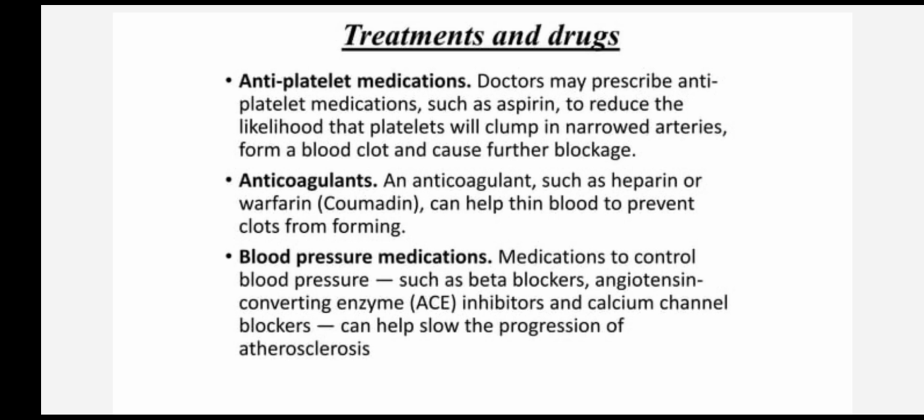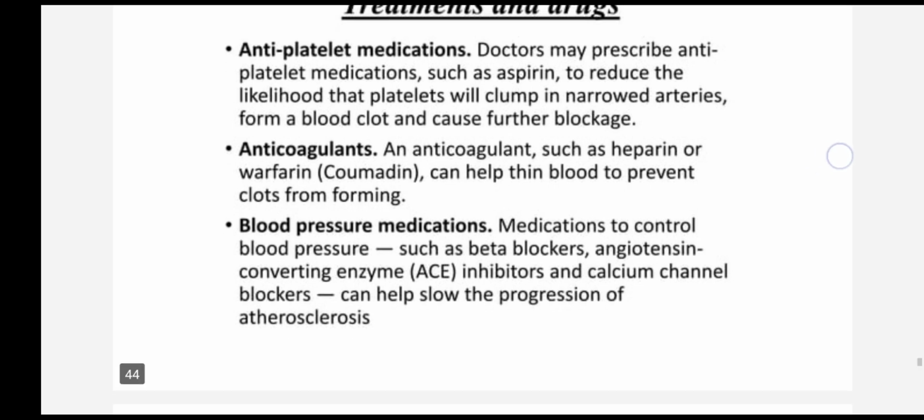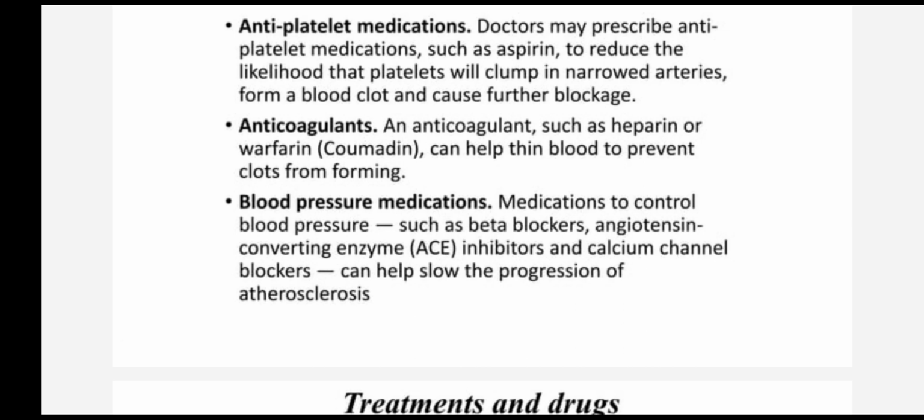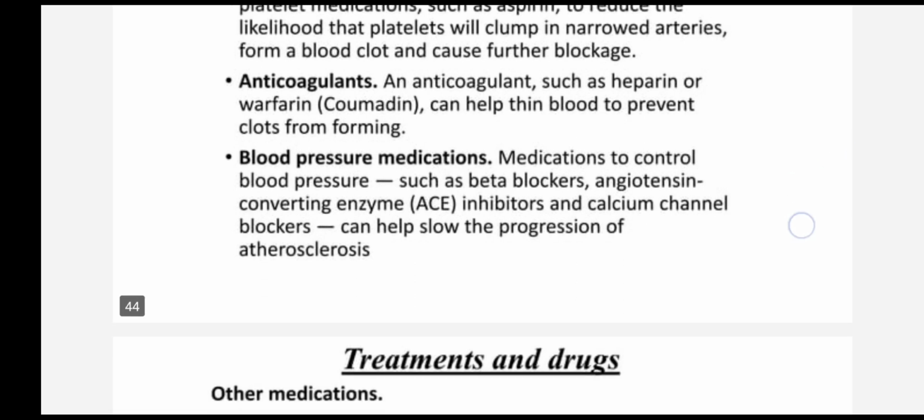Anticoagulants: an anticoagulant such as heparin or warfarin can help thin blood to prevent clots from forming. Blood pressure medication to control blood pressure, such as beta blockers, angiotensin-converting enzyme, ACE, inhibitors and calcium channel blockers, can help slow the progression of atherosclerosis.